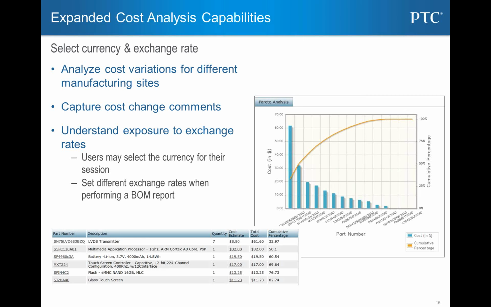So again, this is why with a Windchill cost type of approach as opposed to a traditional ERP approach, having that early visibility to cost information that can influence design decisions is a real advantage.